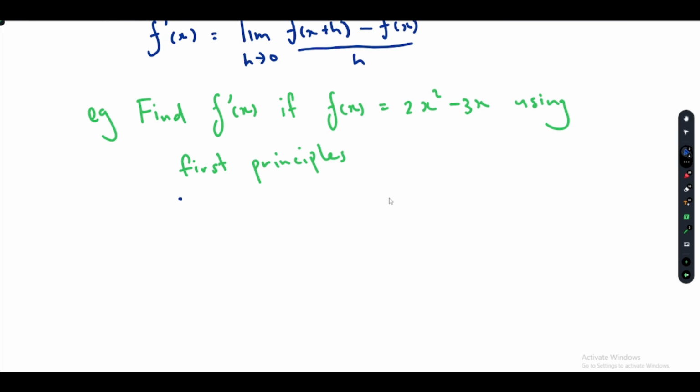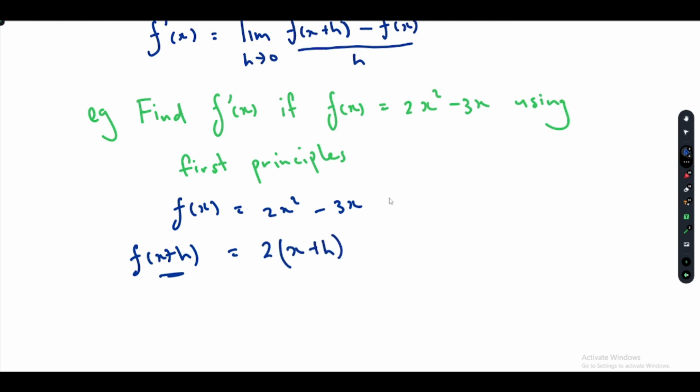So firstly, we have f of x equal to 2x squared minus 3x. So to find f of x plus h, it means into the equation f of x, wherever we see an x, we're going to replace it with x plus h. So this leaves me 2 into x plus h squared minus 3 into x plus h.